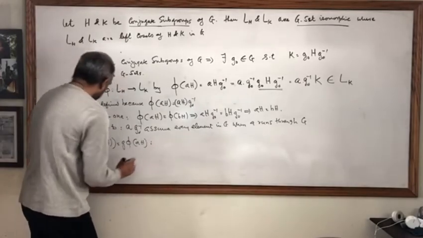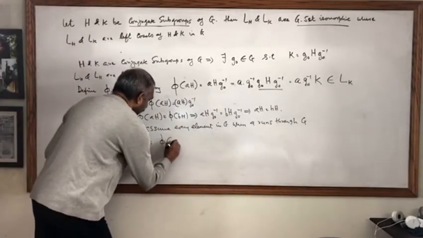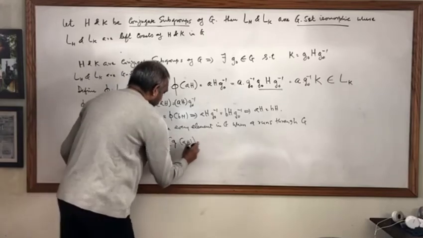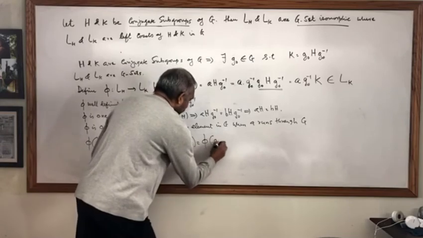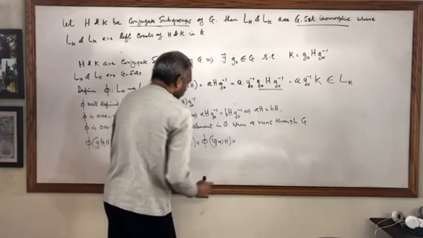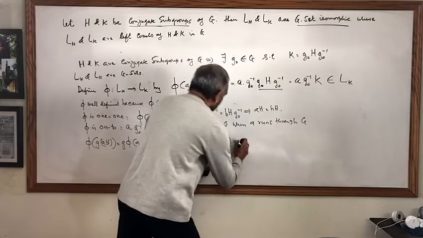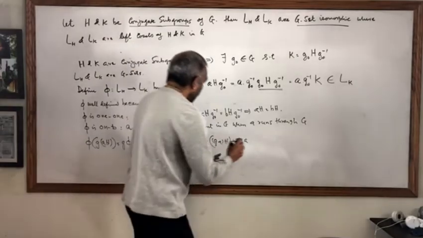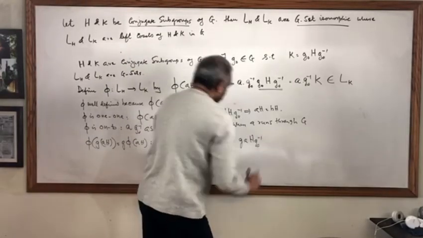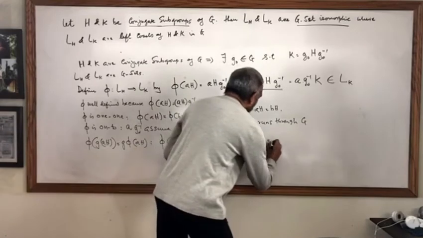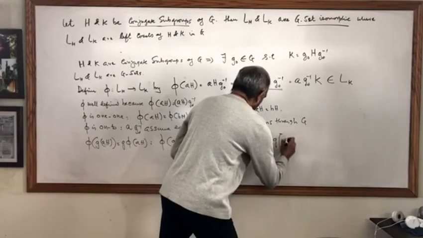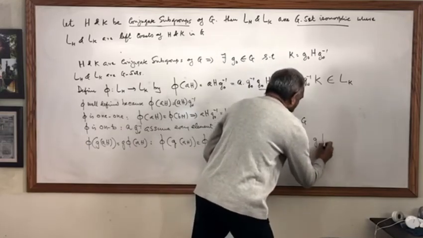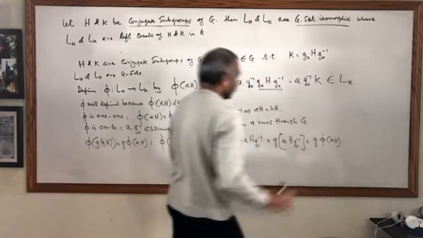That is because phi of G AH is equal to phi of G A H, and that is equal to G A H G0 inverse, and that is equal to G of AH G0 inverse, and that is equal to G of phi of AH.